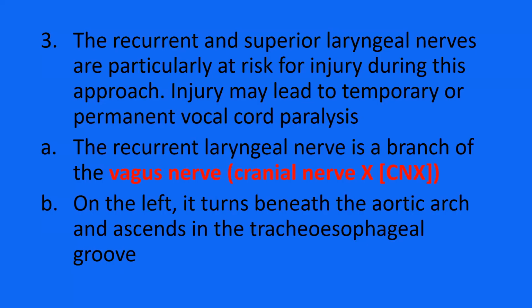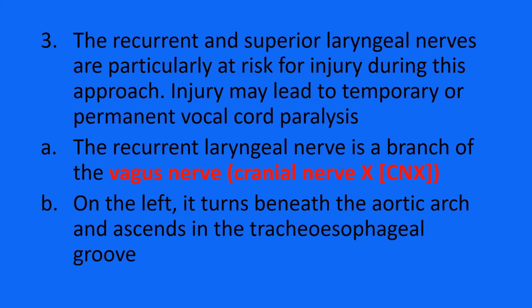The recurrent and superior laryngeal nerves are particularly at risk for injury during this approach. Injury may lead to temporary or permanent vocal cord paralysis. The recurrent laryngeal nerve is a branch of the vagus from cranial nerve 10.